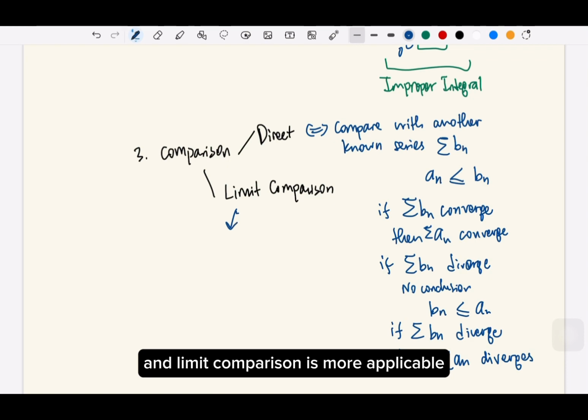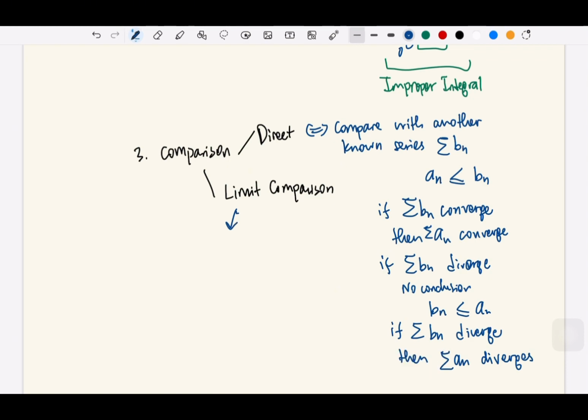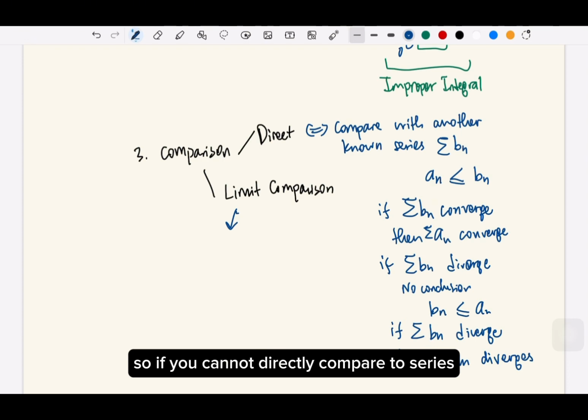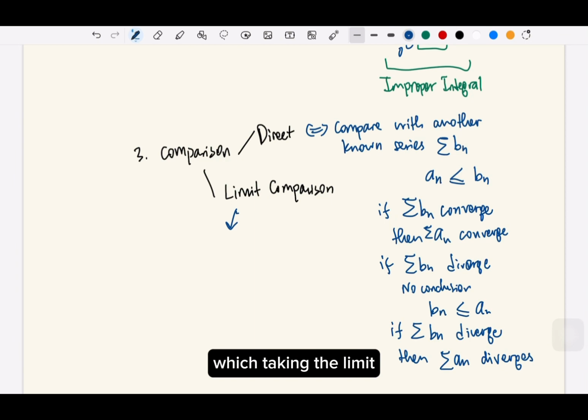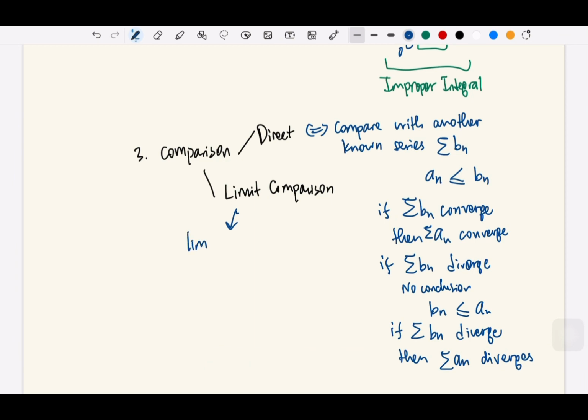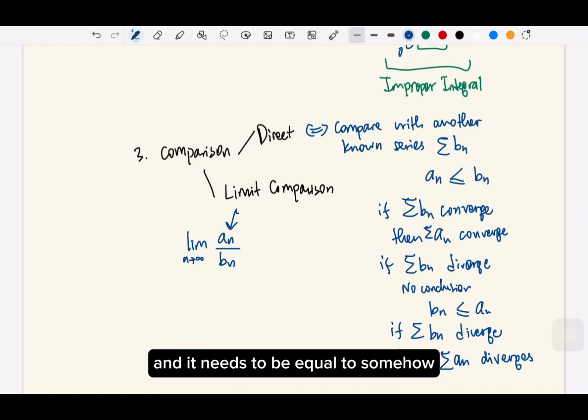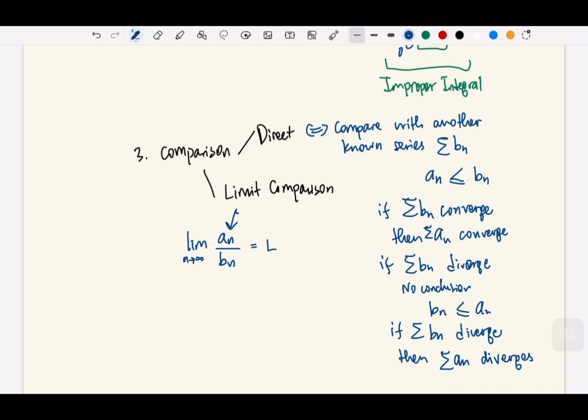And limit comparison is more applicable. So if you cannot directly compare two series, if maybe you cannot prove that it's less or greater than the other one, then I suggest to use the limit comparison test, which is taking the limit of the An over Bn, and it needs to be equal to some L. And Bn is the known series.